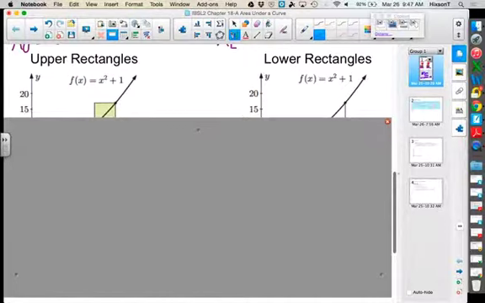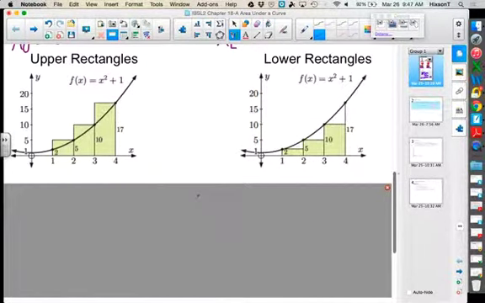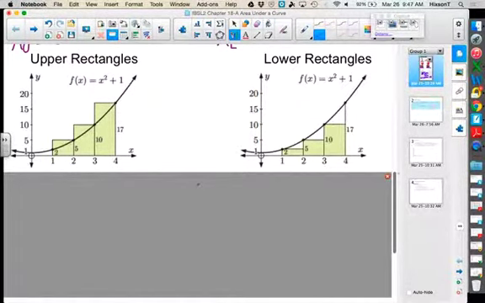And that is, rather than using upper rectangles or lower rectangles, one of the things that folks will do, which does give you a closer approximation, is they break it into intervals again, but instead of using the left-hand side or the right-hand side, they use the middle. So my height for this rectangle, I would be making the rectangle like this.